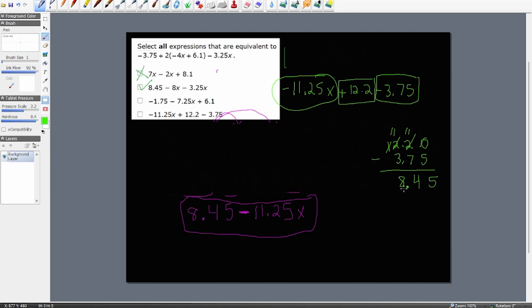And so we have a positive 8.45. And then we have this term with the x, which is unchanged. It's minus 11.25x, which we can see is equivalent to this expression down here. So this choice is also right.